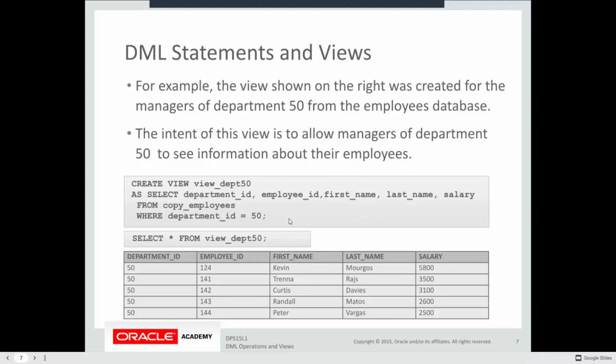And you would think that if you're the database administrator in a large company, there's no way you can keep up with all the requests. So you do give them access to views, and that's generally why you would do something like this. So remember, this is just a view, Department 50, a good naming convention. You have all the employees in Department 50, right?